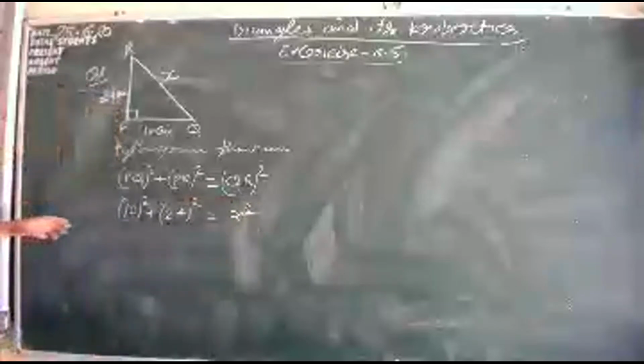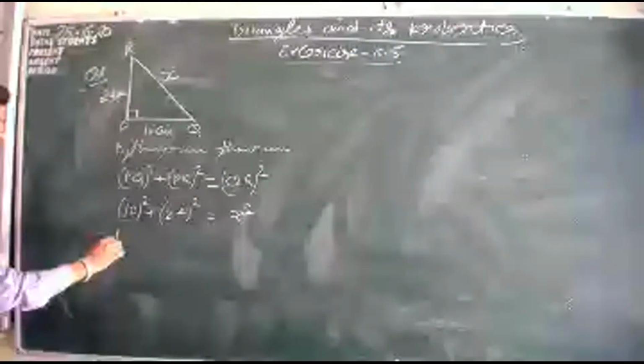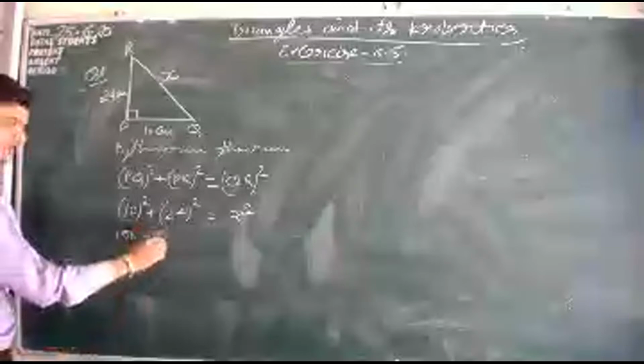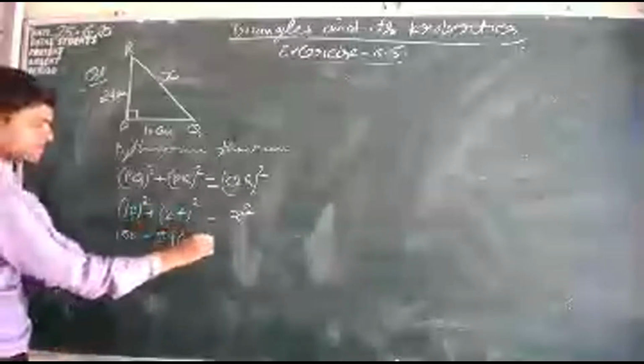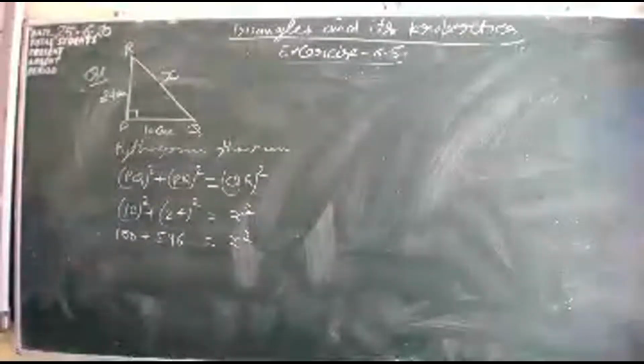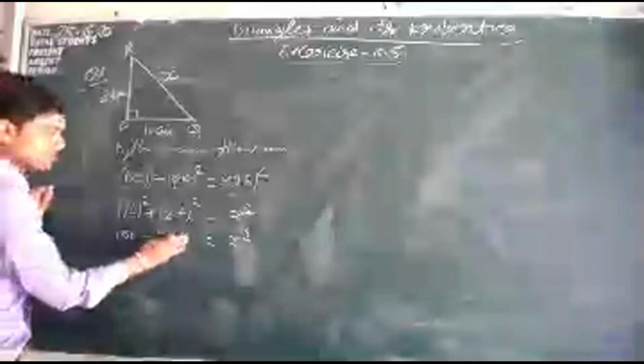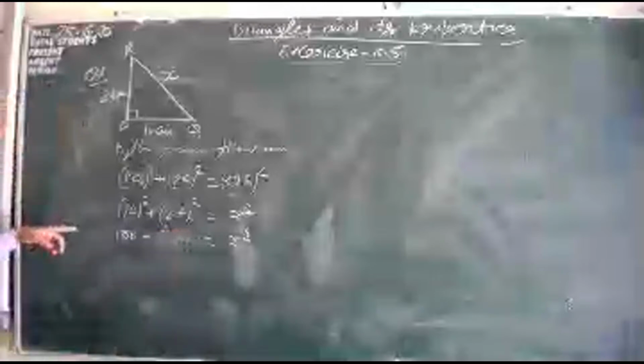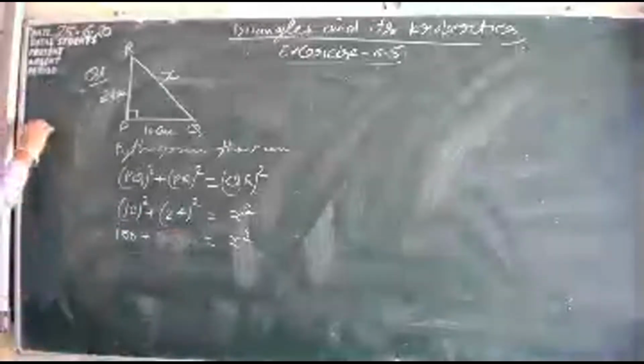Okay, it means 10 square is equal to 100 and 24 square is equal to, कितना होता है देख लीजिए आप, कितना होता है?